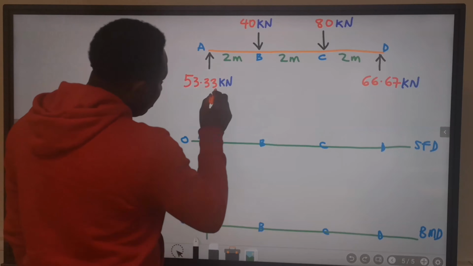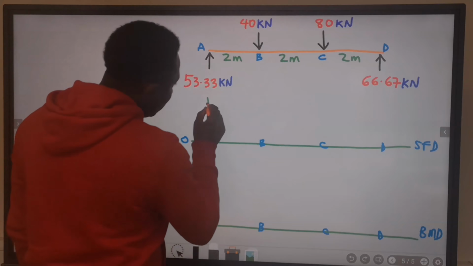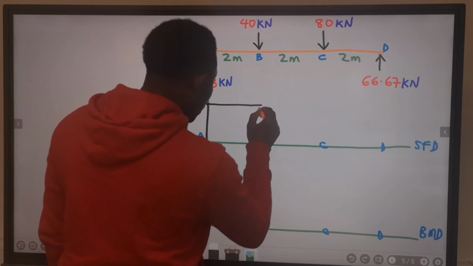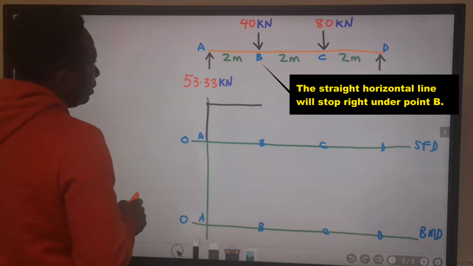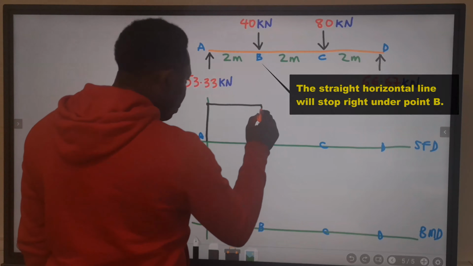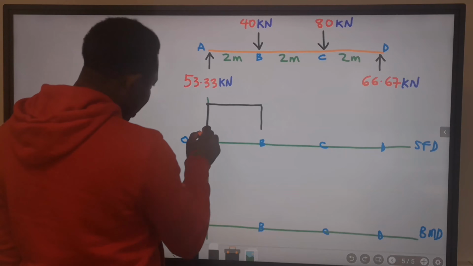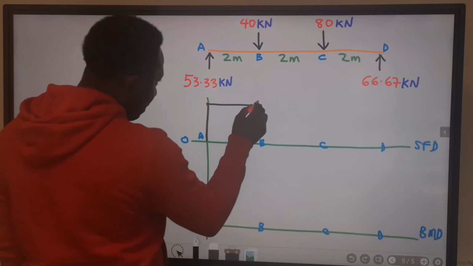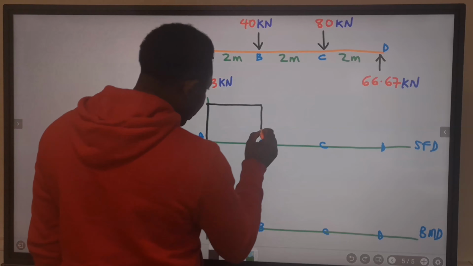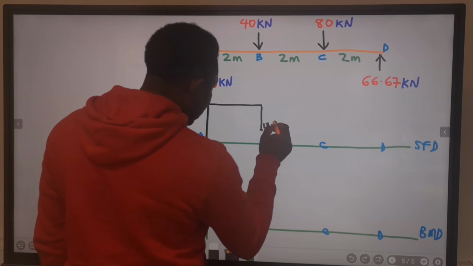Next, because there is no uniformly distributed load here, this will be a straight line, and it will stop at B. Next, at point B, 40, we push it down. Now, if we have 53.33 minus 40, that means at this point, I'm going to have 13.33.